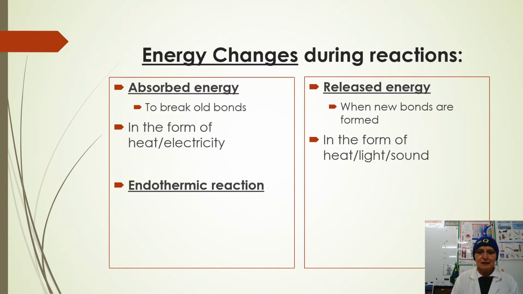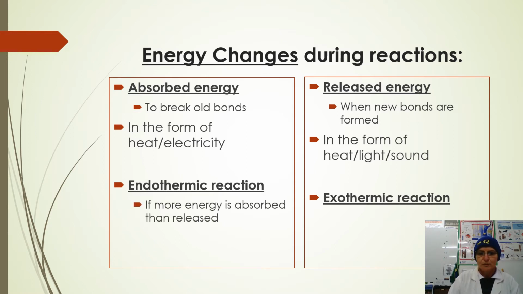You get endothermic reactions, and an endothermic reaction takes in more energy, absorbs more energy than what it releases when the new chemicals are formed. Where an exothermic reaction gives off or releases more energy than what is absorbed.